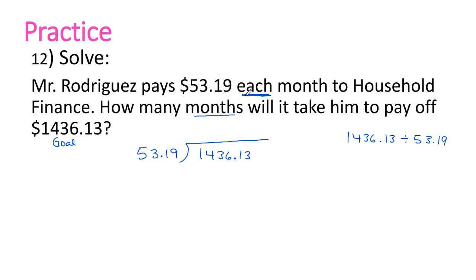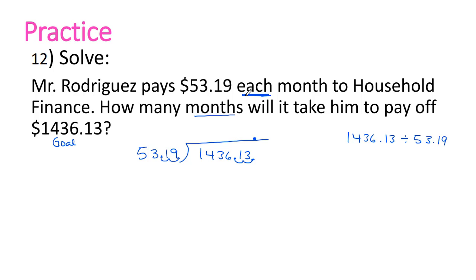Now we have a problem here with decimals because we have 2 decimal places in our divisor. We need to move those out. So these are big numbers, but we don't need to be scared by big numbers. We just need to take this step by step.